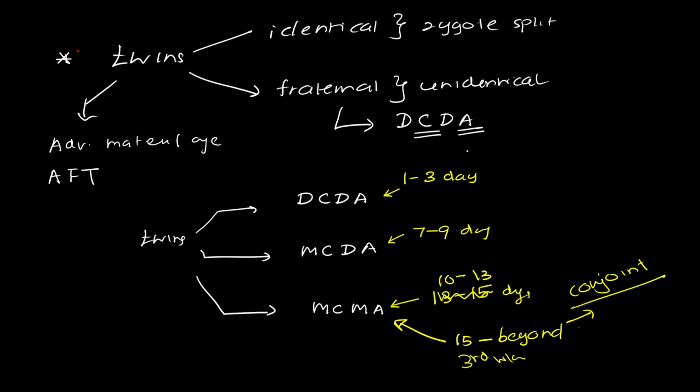Now again there's another entity which is known as parasitic twins. Parasitic twins, this is a possibility that comes when they share the same chorion or the same placenta.